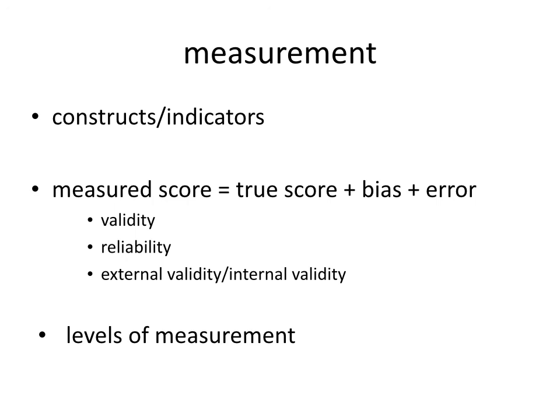Numbers can be nominal. 0, 1, 2, 3, 4. Let's say that I have 5 versions of a new product that I'm considering introducing, and I do a taste test, and I have each person taste each of the 5, and I label the 5 0, 1, 2, 3, and 4.